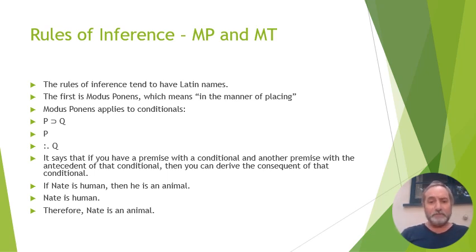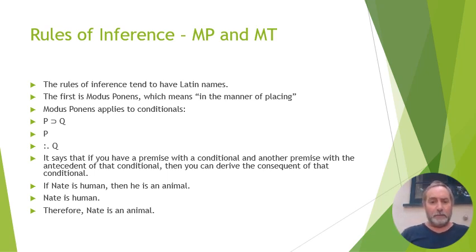So what is MP? It's Latin for the manner of placing, and it goes like this. First of all, MP and MT only apply to conditionals. Well, that helps simplify things a lot, as you'll see when we get into proofs. You're never going to use MP or MT on a statement where a disjunction is the main operator.